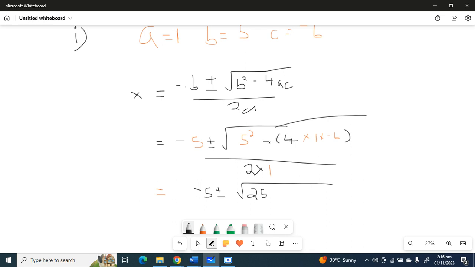So we have 25 minus negative 24, over 2. Negative and negative make positive, so 25 plus 24 is 49, over 2.